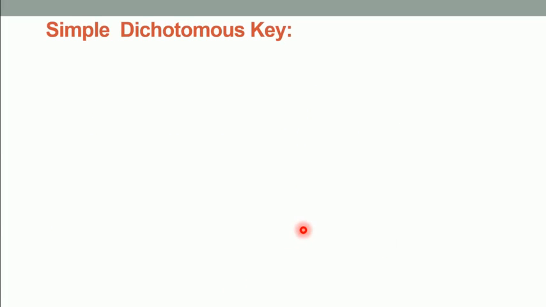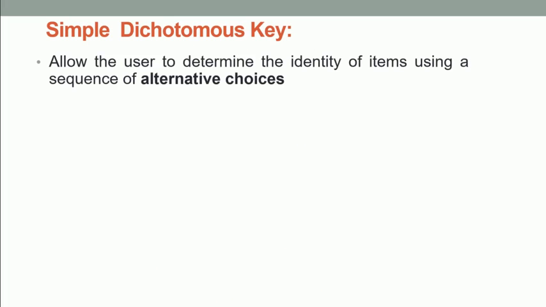Okay, so now we move on to the first type of key, that is a simple dichotomous key. The name suggests that it is very simple to use. Dichotomy means there are two characters. It allows the user to determine the identity of a given organism using a sequence of alternative choices.